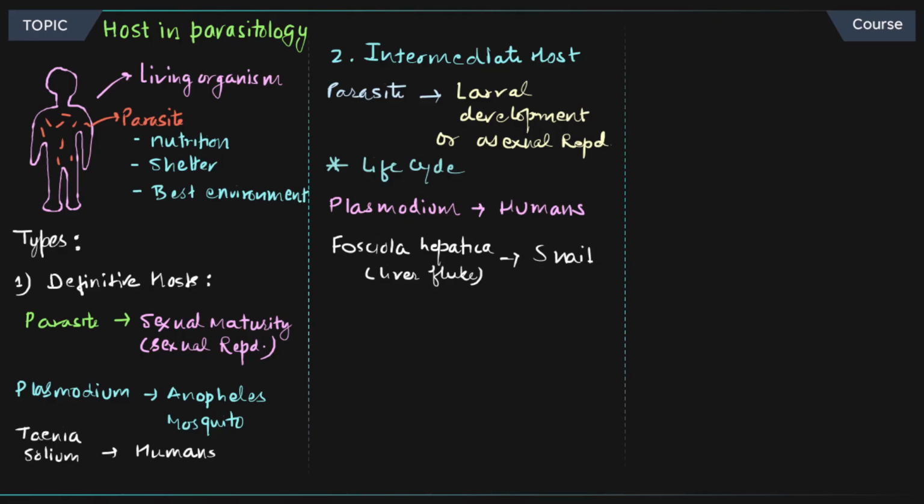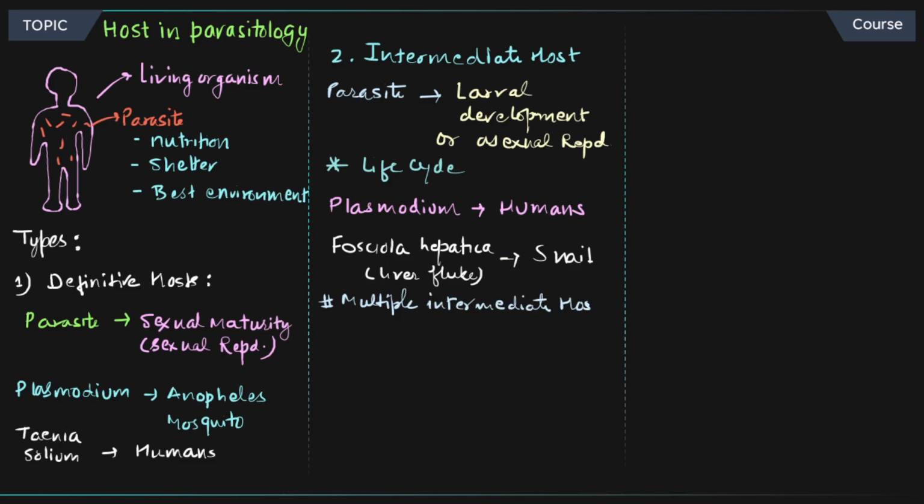Now, in intermediate hosts, you also have a concept of multiple intermediate hosts. The parasite can also survive in, let's say, intermediate host 1, then intermediate host 2. So let me write it down: multiple intermediate hosts.